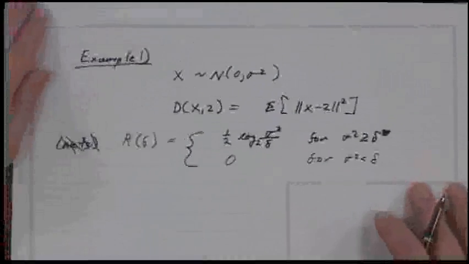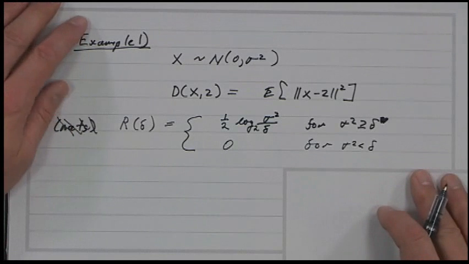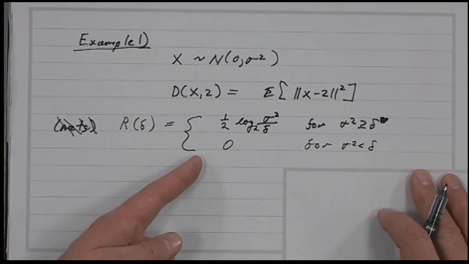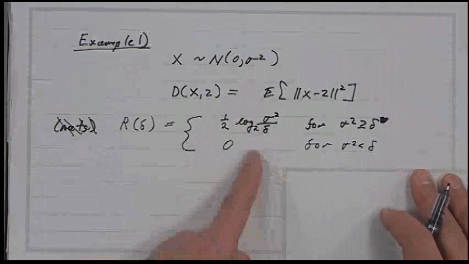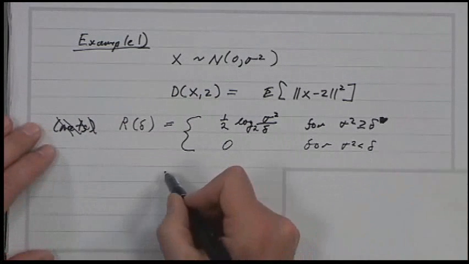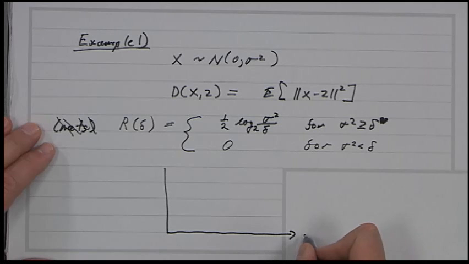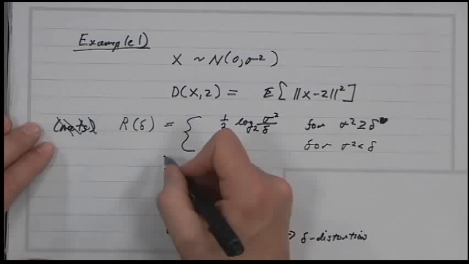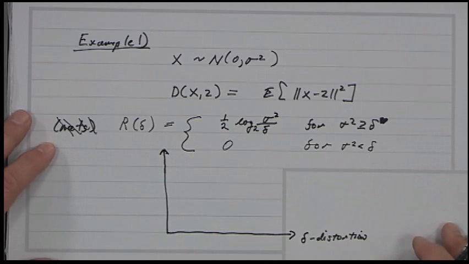That was a totally hand-waving argument, but at least now you have some intuition as to why this is the correct answer. This is the theoretical rate distortion for the encoding of a Gaussian random variable with 0 mean and variance sigma squared. If we plot this, it looks like this. This is delta, or distortion, and this is rate.